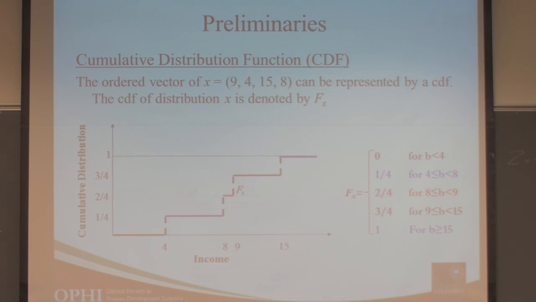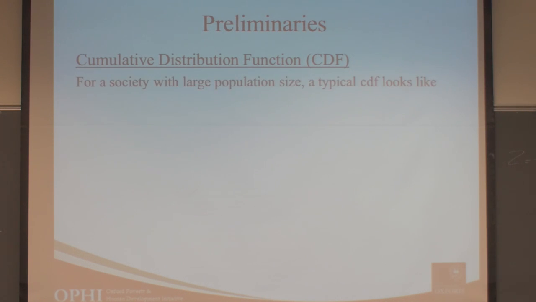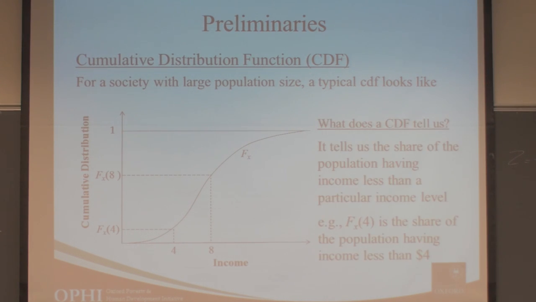Now when you have a more continuous distribution, this is how it looks, right? If you ask here, what does the CDF tell you? It tells us the share of the population having income less than this particular income level. So F(4) is the share of the population with income less than or equal to 4.